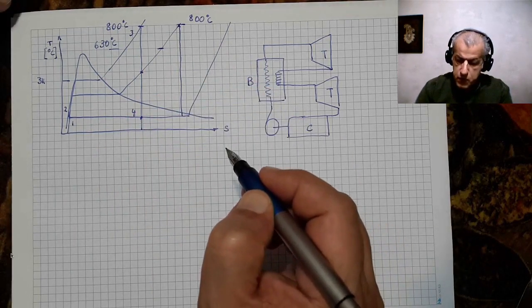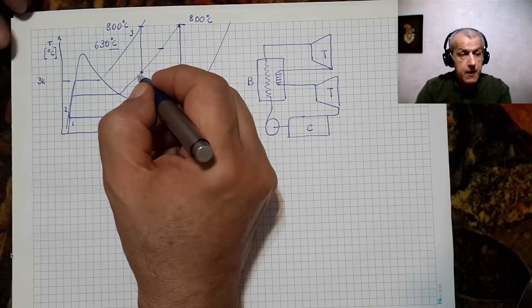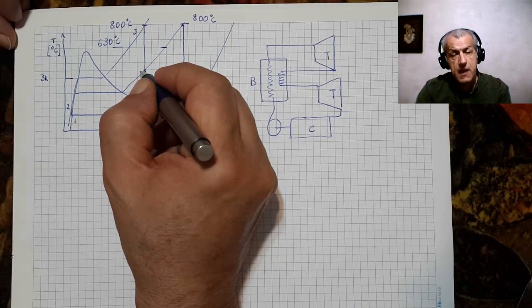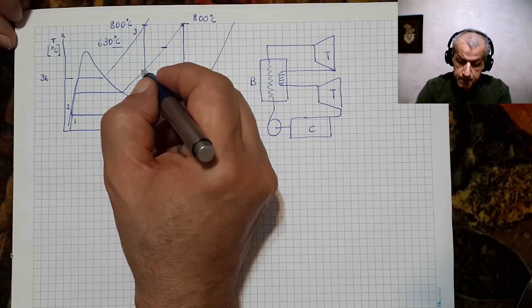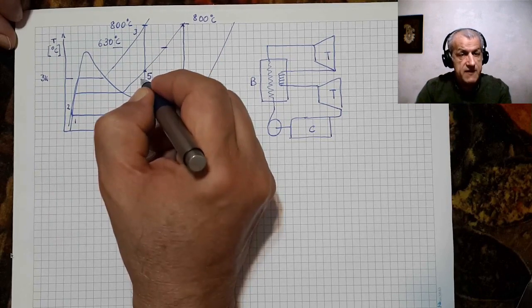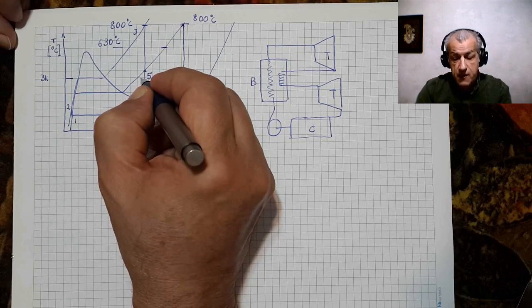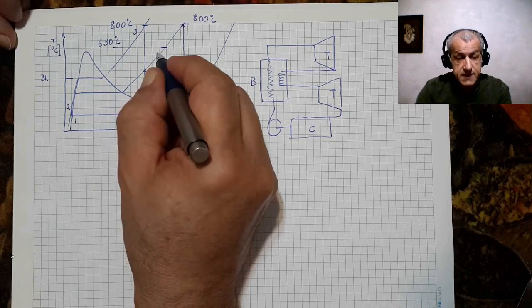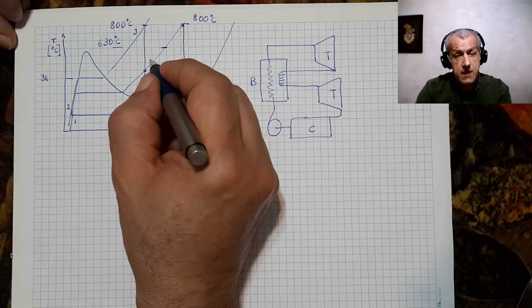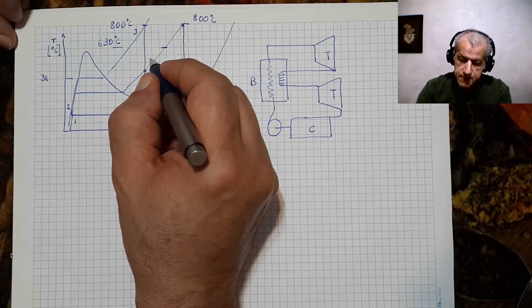If the first turbine was an isentropic turbine, we would get to point 5. We shall investigate that later on, if with this exit temperature, 630 degrees C, the first turbine is isentropic or not.